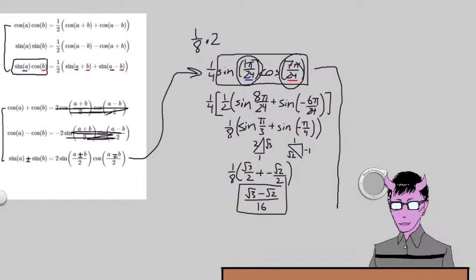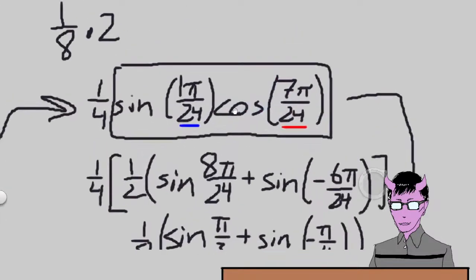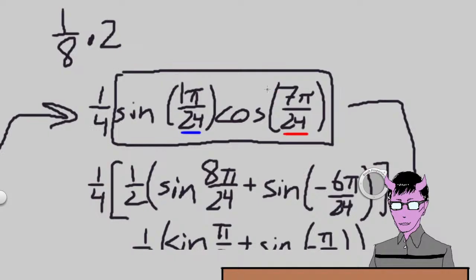So let's get to matching those ones. And by a quick evaluation, since this one here is 1 pi over 24, this is 7 pi over 24, this is the greater of the two. So this one must be the a plus the b, if we're considering positives only, and then this one must be the a minus the b.